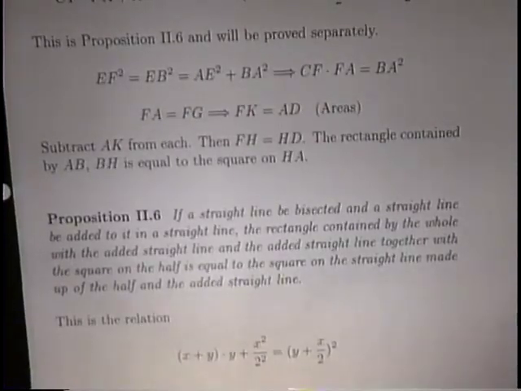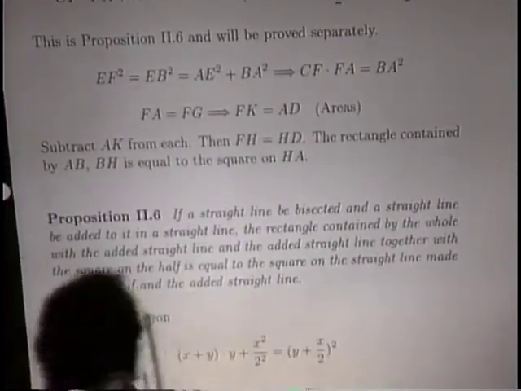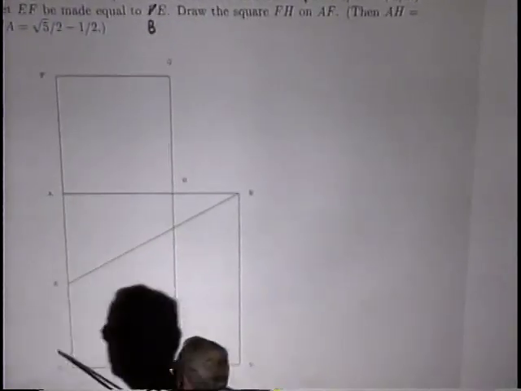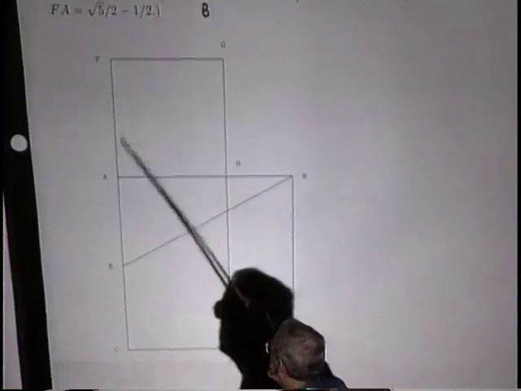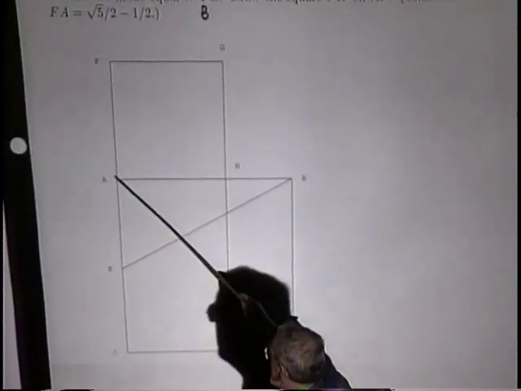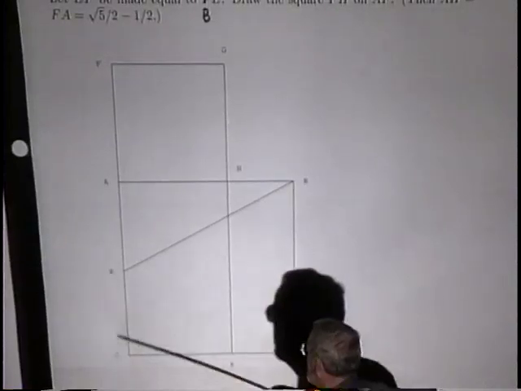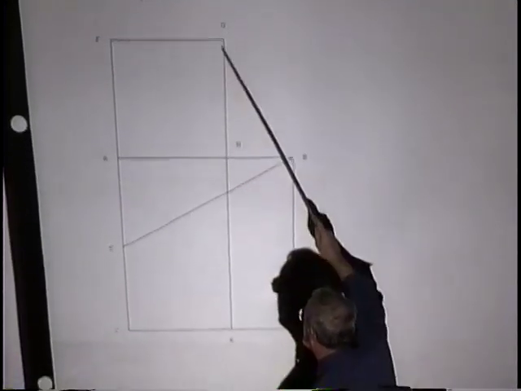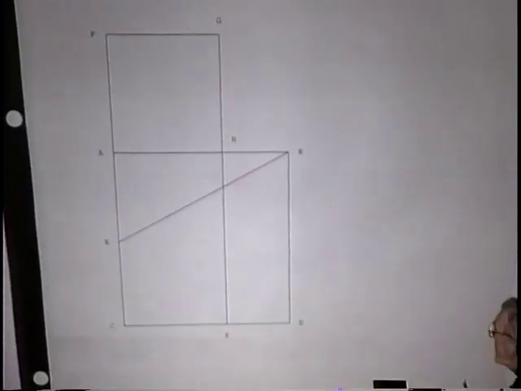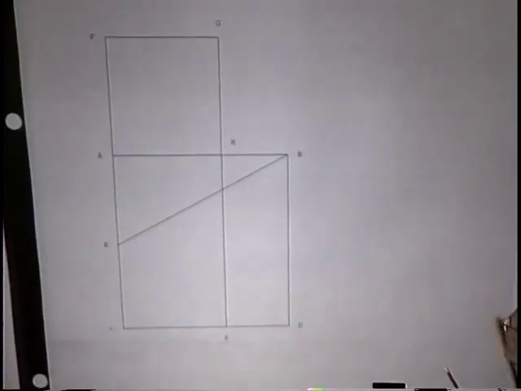But let's see, there's CF, there's FA, so CF, FA, and FA is the same as this. So if you like, CF times FA is in effect the area of this rectangle, plus EF squared.